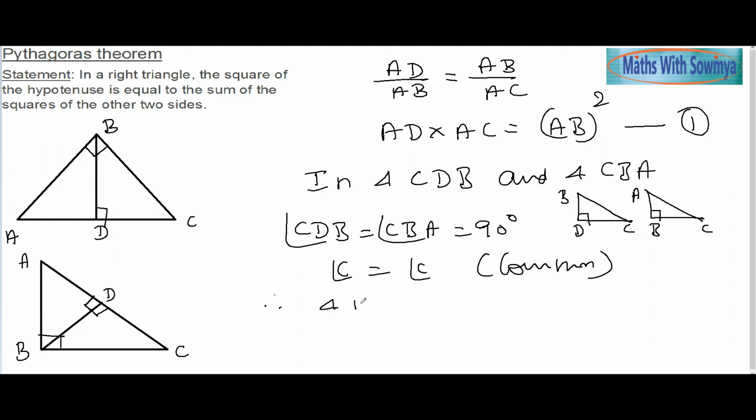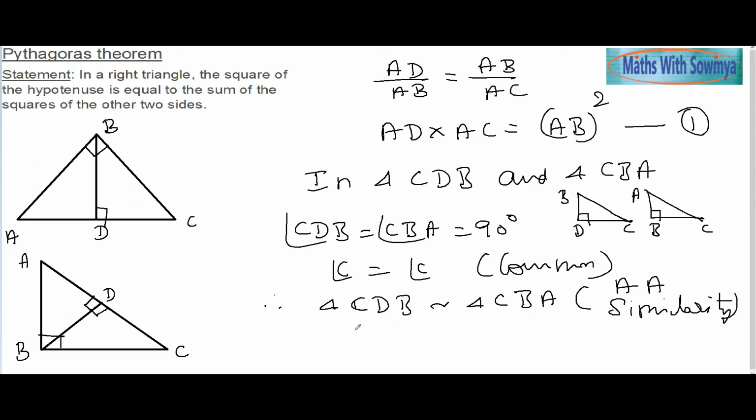Therefore, triangle CDB is similar to triangle CBA by AA similarity. Hence, their corresponding sides will be proportional. BD by AB is equal to DC by BC, which is equal to BC by AC.